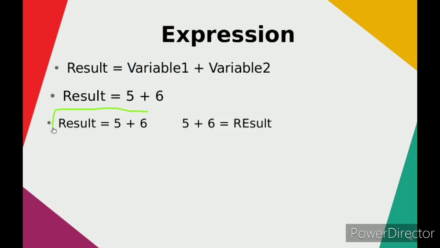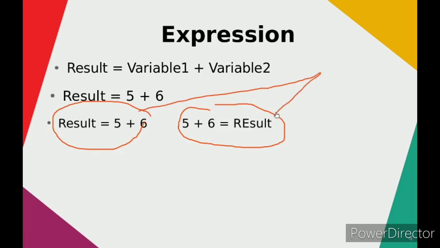And if you look at these two expressions, it's basically the same, performing the same thing. In the first case, the result is on the left hand side, while in the second case the result is on the right hand side. In the world of mathematics, these two expressions are considered perfectly acceptable.